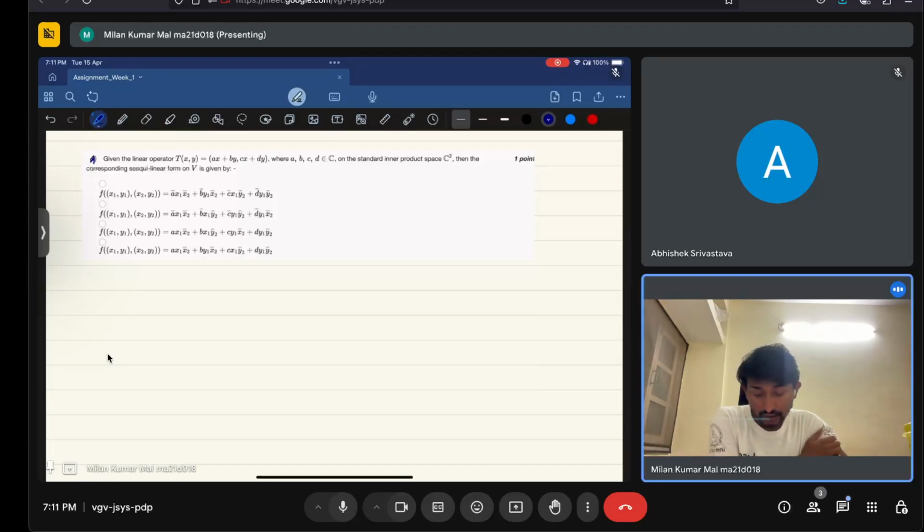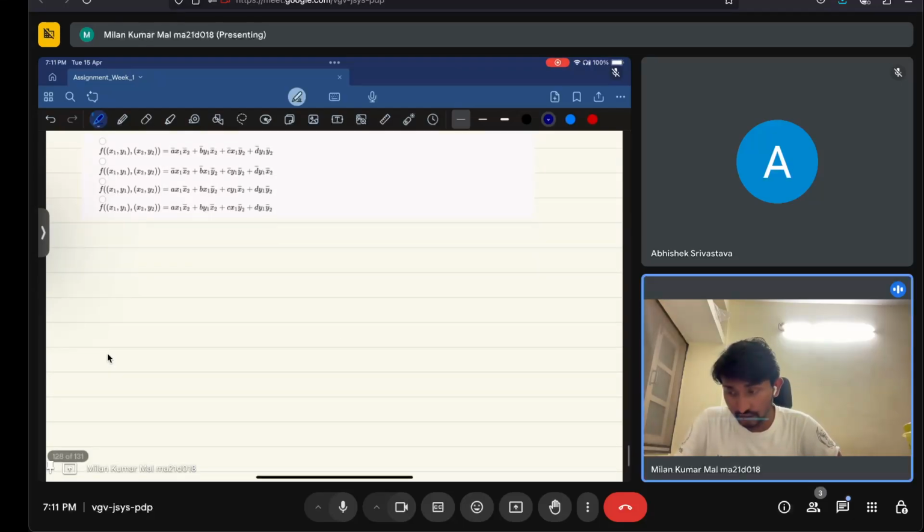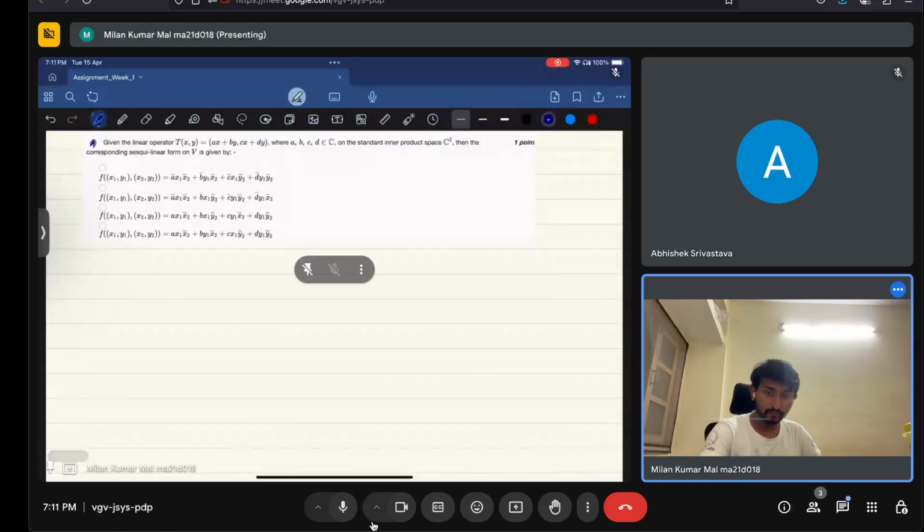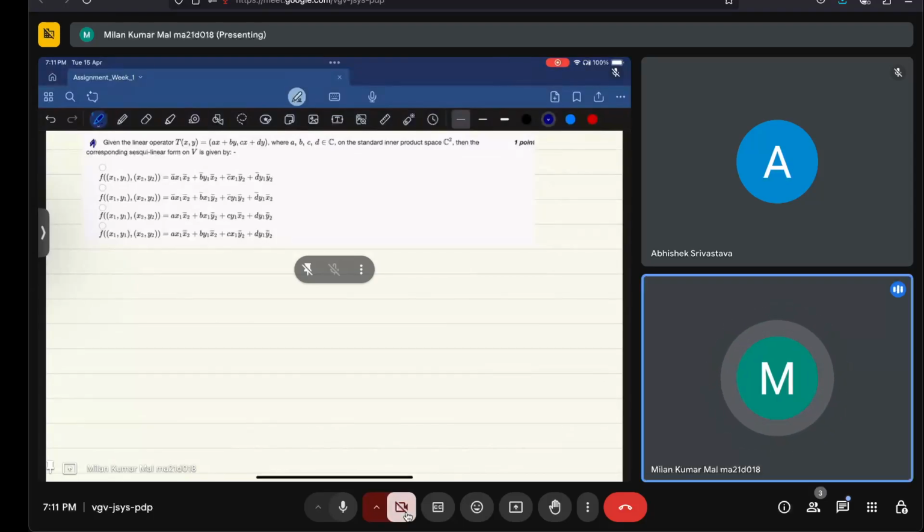So which one is the sesquilinear form? What is the definition of a sesquilinear form? The definition of a sesquilinear form is the bilinear form which is linear in the first coordinate and antilinear in the second coordinate. Antilinear means conjugate linear.